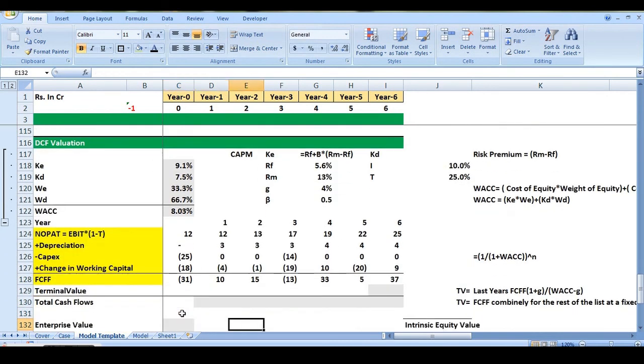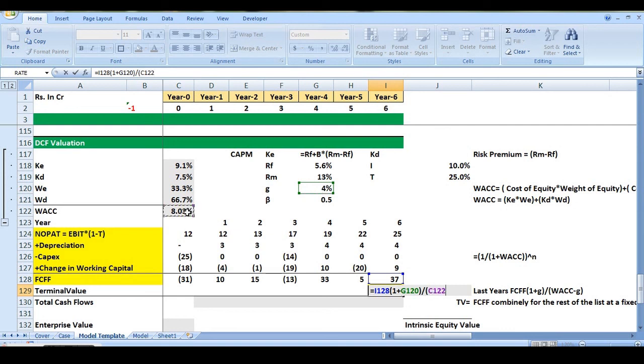Now using these values, we can calculate the terminal value as equal to last year's FCFF into (1 plus growth rate), bracket complete, divided by WACC minus growth rate. Just a second.